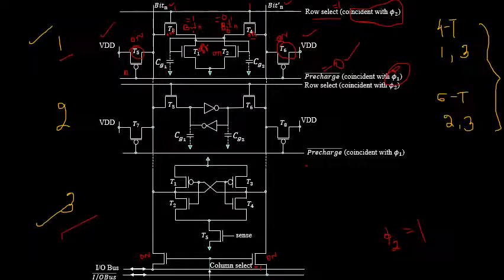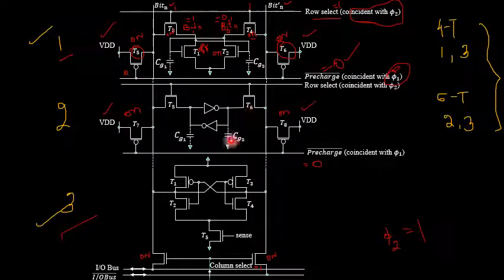When the precharge complement becomes equal to a logical 0 state, transistor T8 is turned on and transistor T7 is turned on, and the bit lines, that is bit n as well as bit n complement, will be precharged to a level of VDD or logical 1 state.